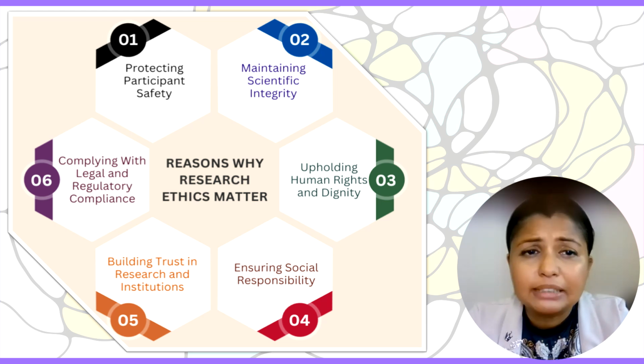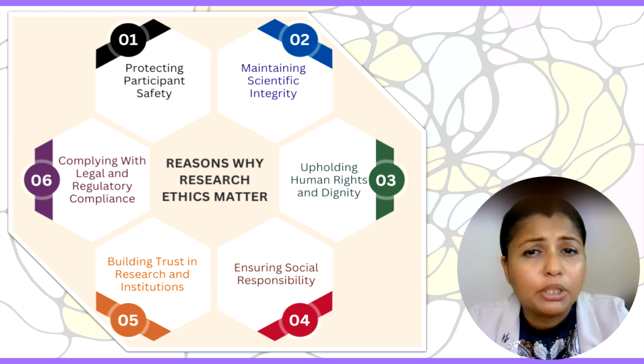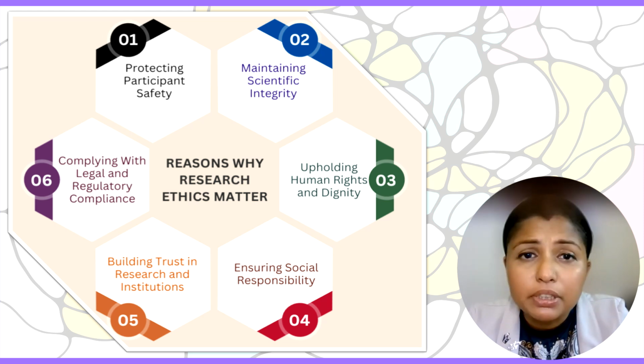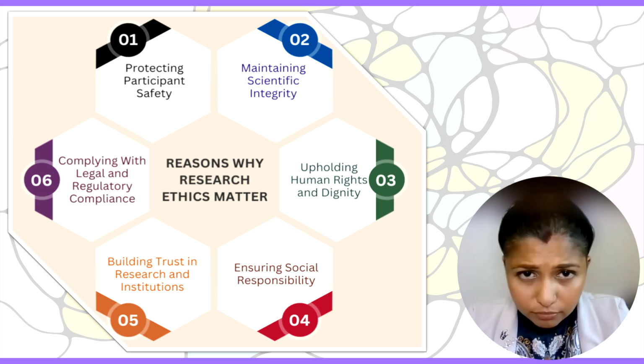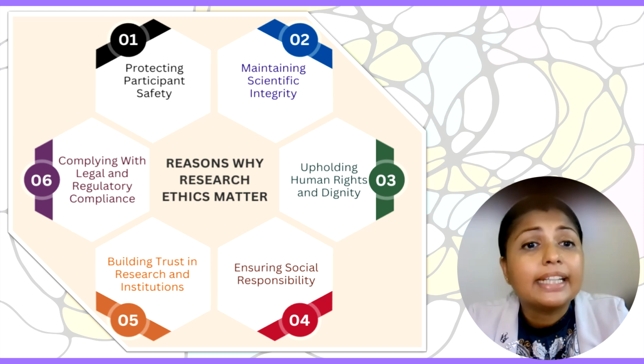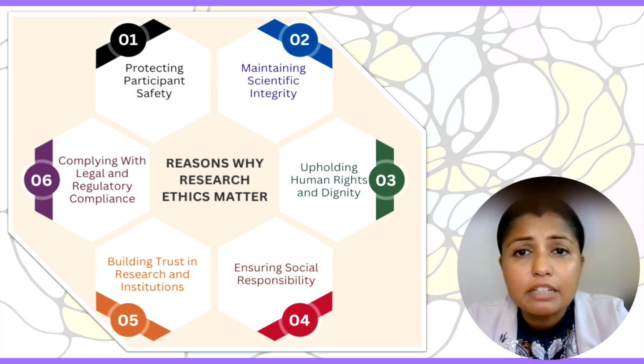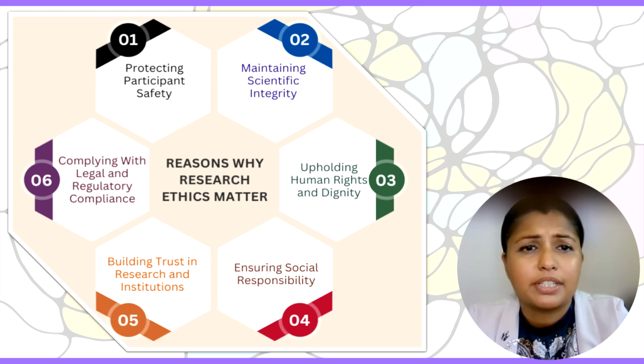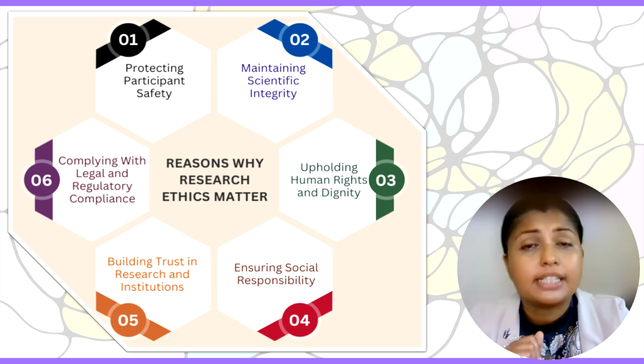Now, why does all of this matter? All of this matters because ethical research protects people, and without ethics, research can lead to exploitation, misinformation, and loss of public trust, undermining both human dignity and especially scientific progress.